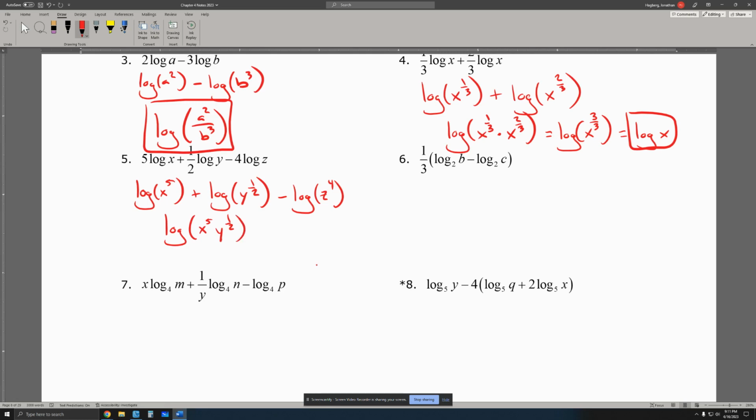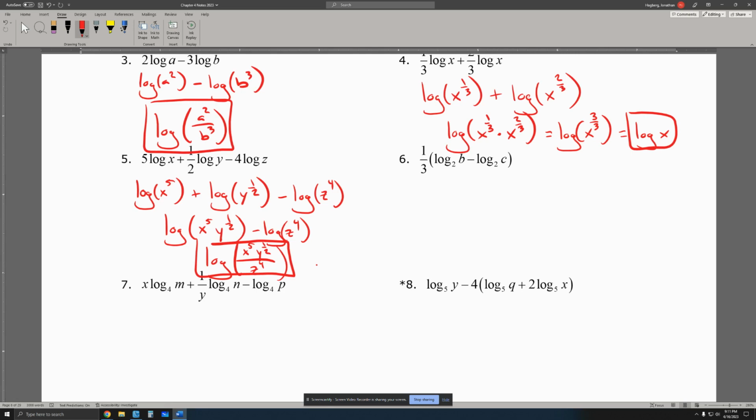And then we have minus log of z to the 4th. Now we have our quotient rule, log of x to the 5th, y to the 1/2, all over z to the 4th. Okay, and that's our answer.